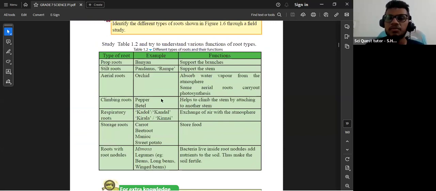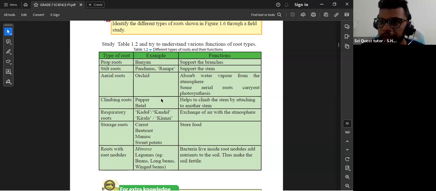So we know the basic functions of the roots. Tisuli, let me know about one function. Prop roots support the branches. General functions of roots, not specific functions. In common, why are roots important for a plant? Absorbs water and minerals for the plant. Absorbs water and minerals, right?